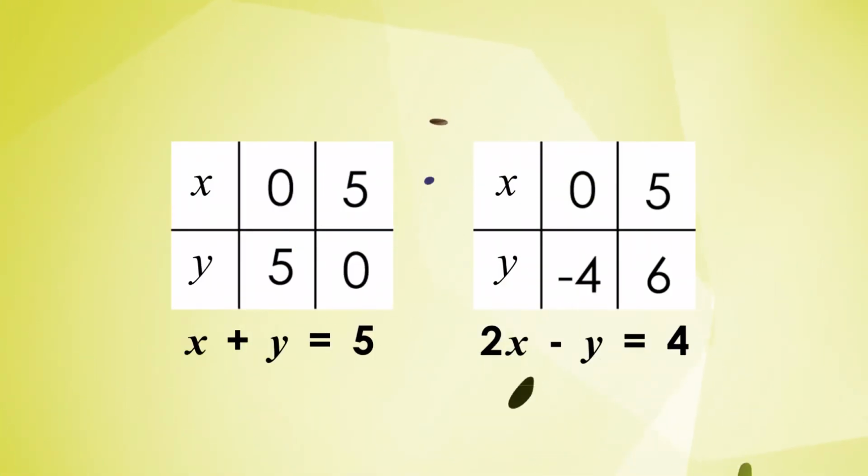To draw the graph of a linear equation, you only need 2 points. Based on the ordered pairs obtained from the tables, plot all the points on the grid paper.